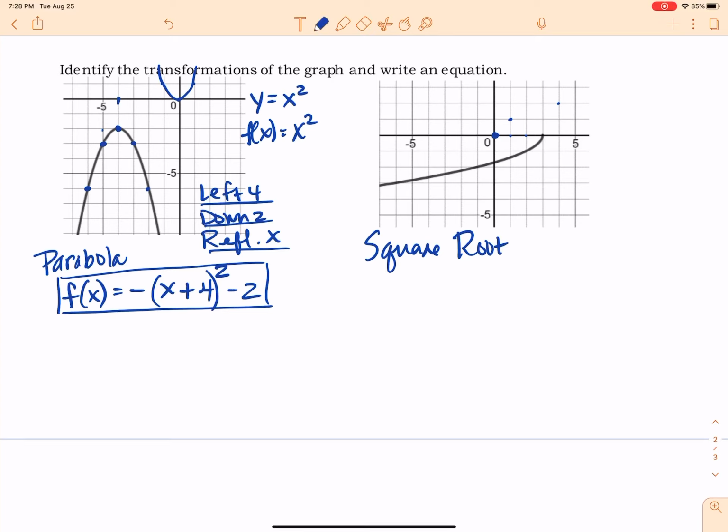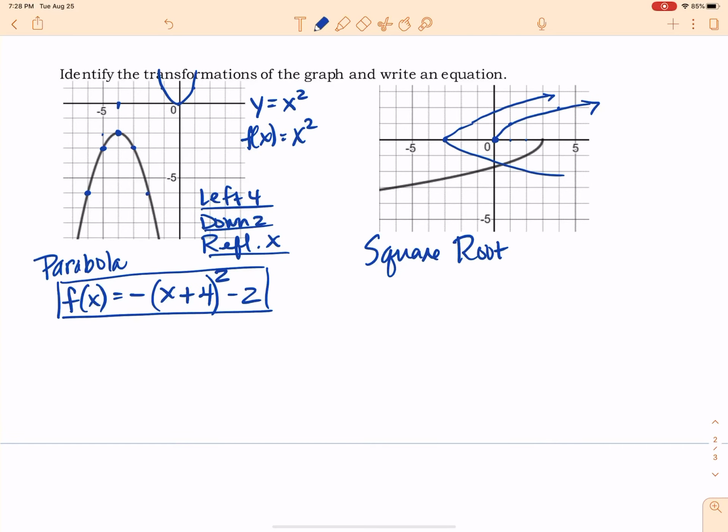All right, so if I've got my parent here, let's say I move to the left 3 and reflect over the x-axis. Well, that's not going to work either unless I have another reflection.